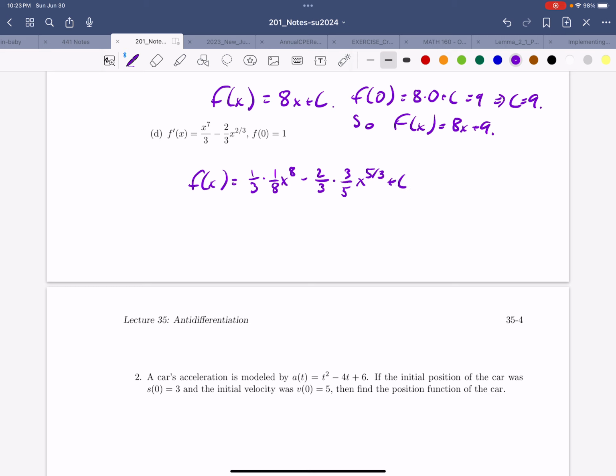And then we add c. F of 0 equals 0 minus 0 plus c, which equals 1.